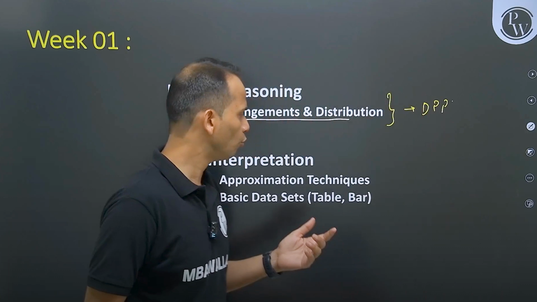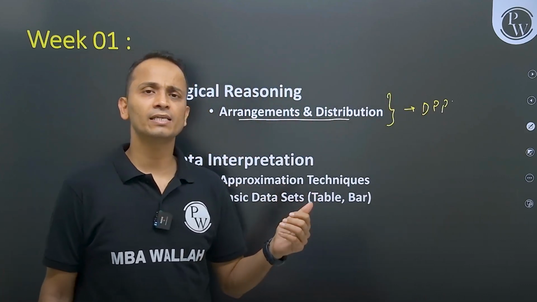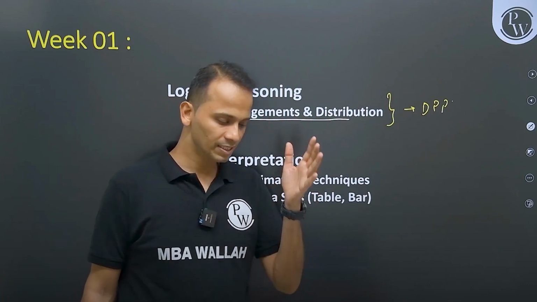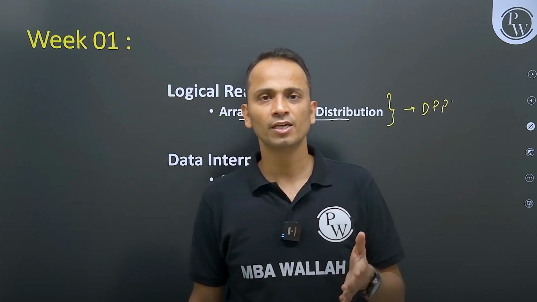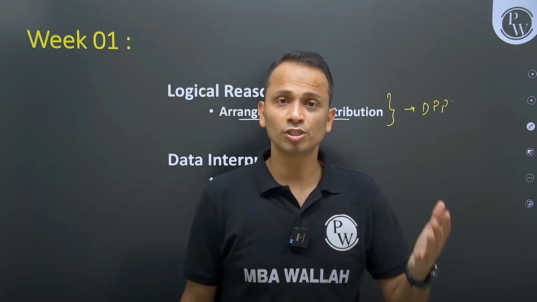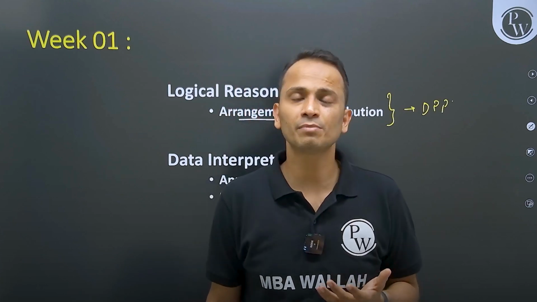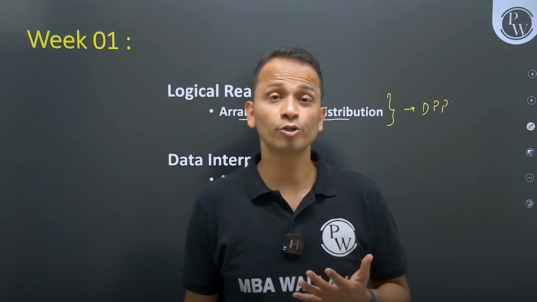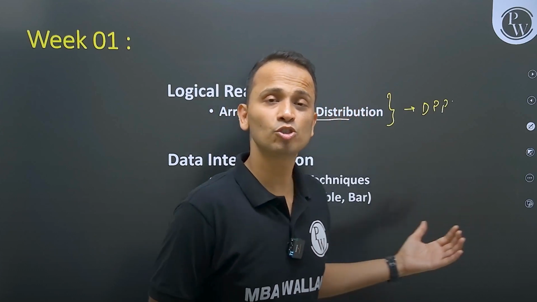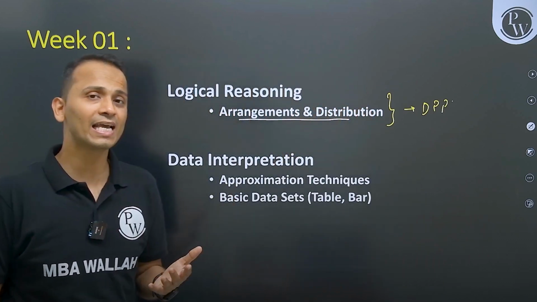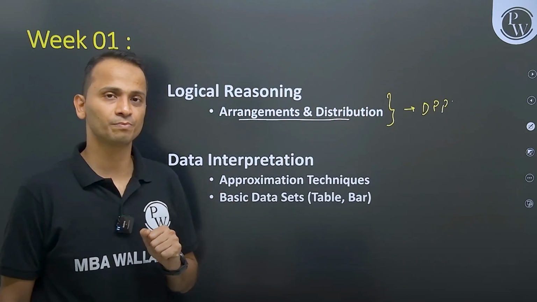To start with, 4 to 5 hours in understanding the approximation techniques, the percentage calculations, some calculations like I would say percentages, ratios, and averages, remembering some numbers like squares of first 25 natural numbers and cubes of first 15 natural numbers. All these things are going to be very handy when it comes to handling calculations in data interpretation, right?